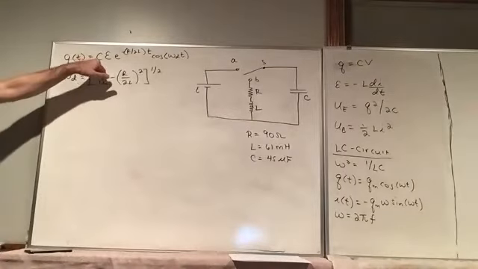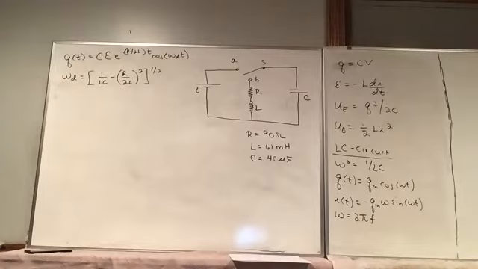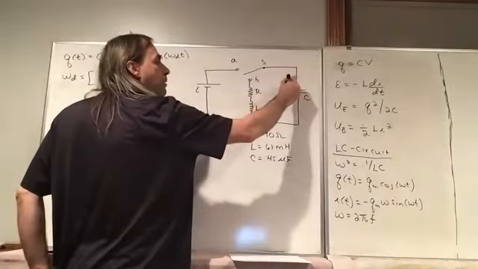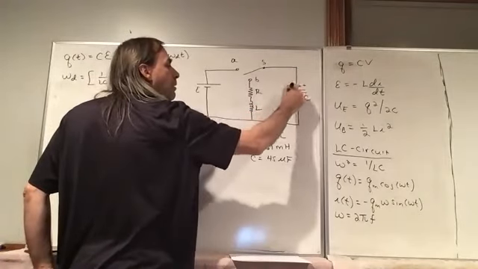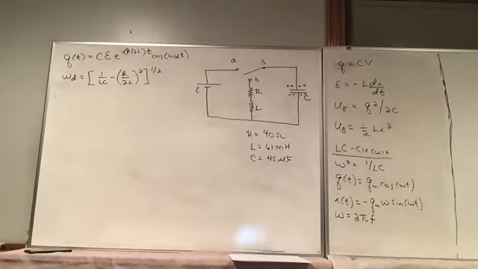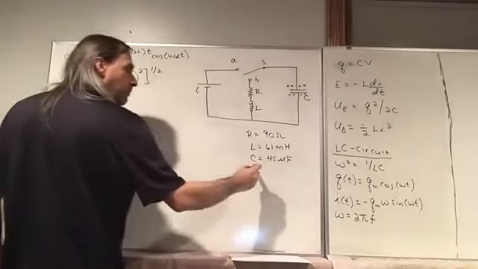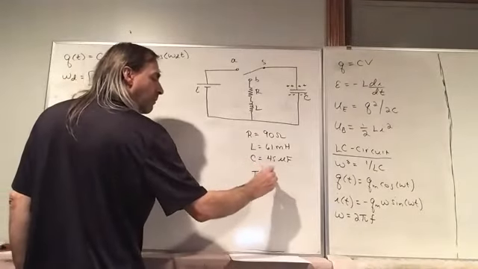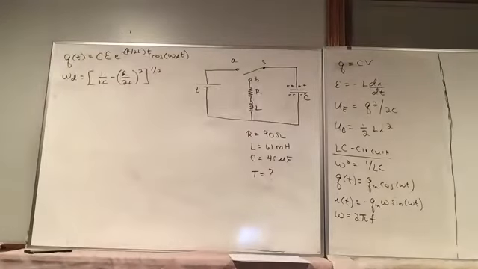So being fully charged, Q max will be C epsilon, where epsilon is the battery voltage. And let's look at, say, one period. So the charge starts out fully charged. How long is it going to take for one cycle? So what is the period? And then how much charge is going to be left after one cycle?